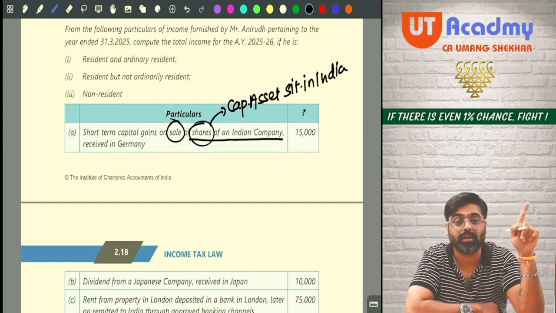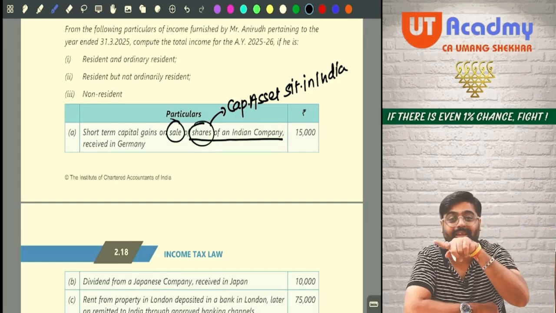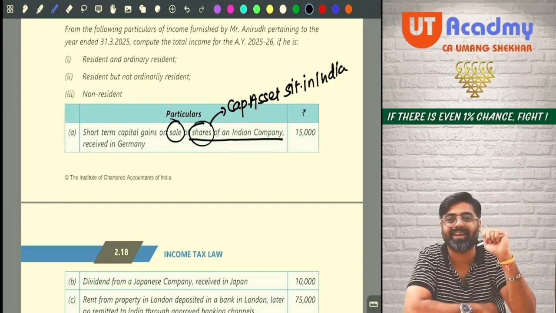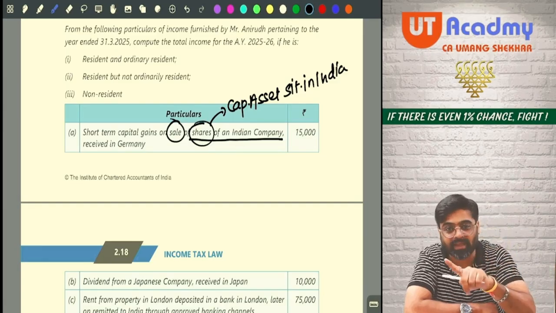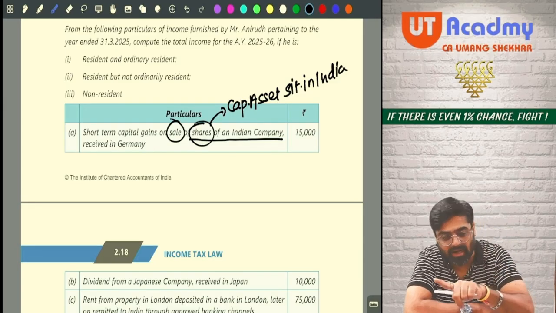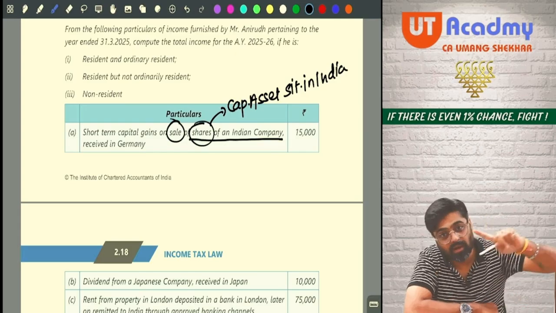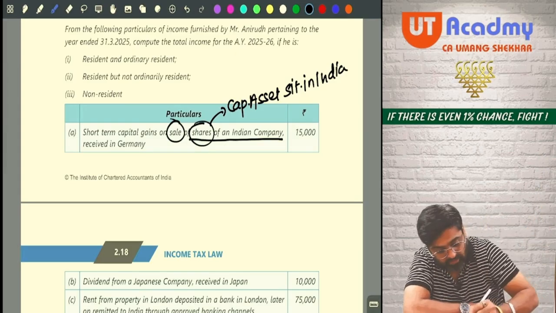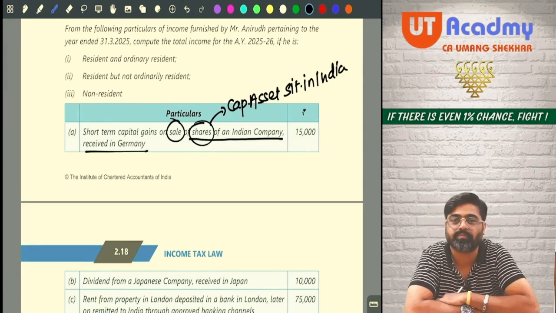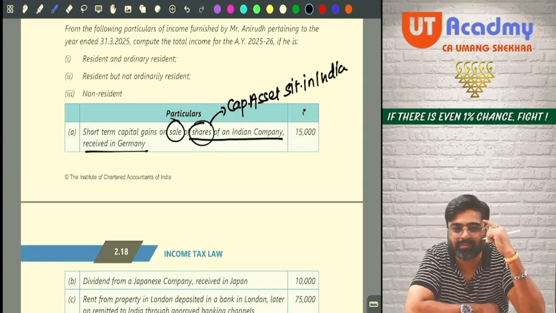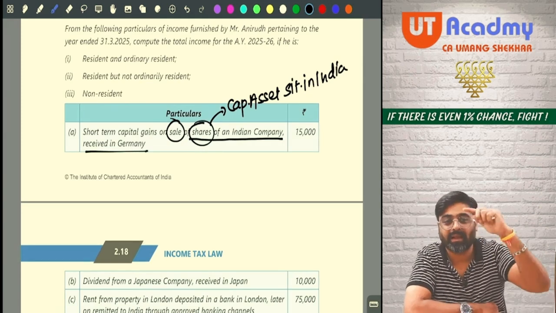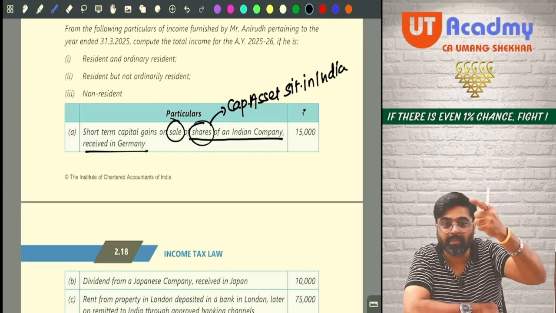Transfer of a capital asset situated in India, sale of capital asset situated in India, and the income on such transfer is received outside India. See, it is received in Germany. Do you remember that in point number 1, A, B, C we did?